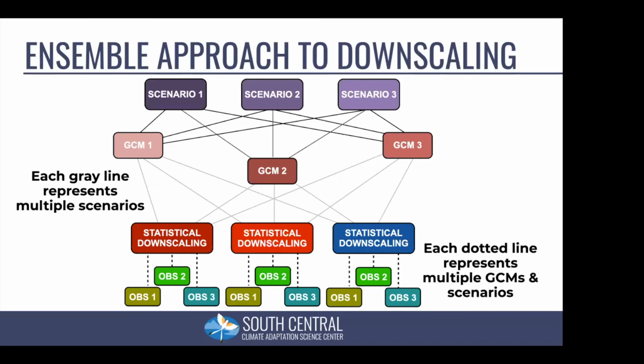And this produces a large number of downscaled climate projections for daily maximum temperature, daily minimum temperature, and daily precipitation. The resulting downscaled projections over the South Central US have a 0.1 degree latitude by 0.1 degree longitude resolution. And this gives you essentially a 10 kilometer by 10 kilometer grid spacing.